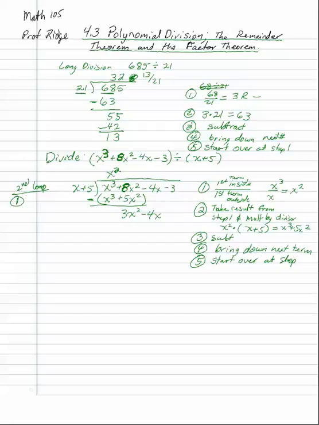Step 1, we're going to do 3x squared divided by x, which is 3x. So we put plus 3x above. Then we're going to multiply 3x times the x plus 5, which is 3x squared plus 15x. We're going to subtract.